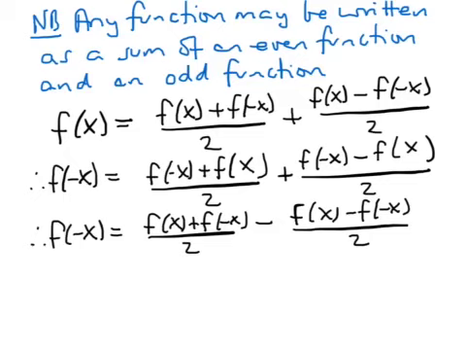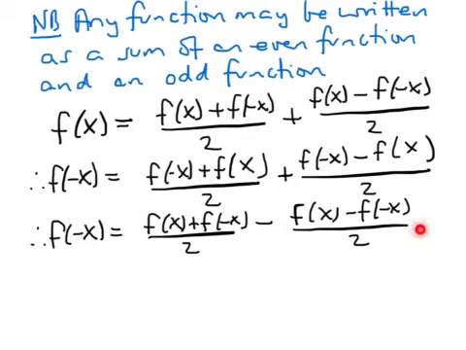So comparing our result for f of minus x with f of x, we see that we can write our function f of x as this plus this. That was an algebraic equality, and we've seen that this part here is even, because if you replace x by minus x, you get exactly the same thing.